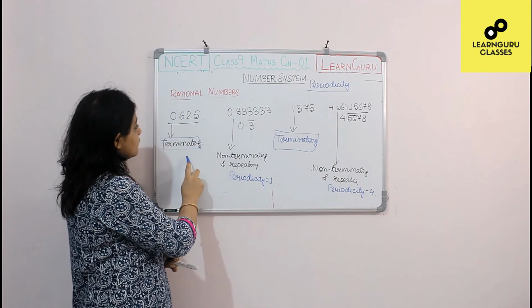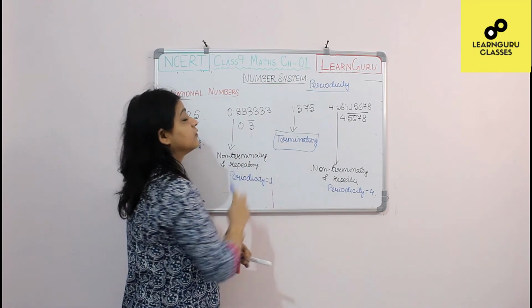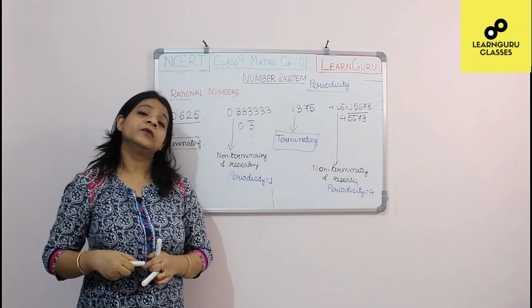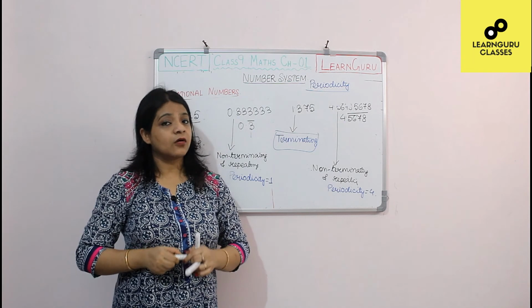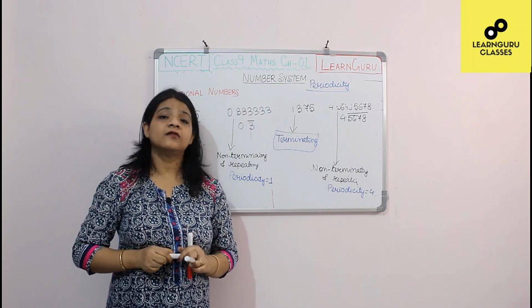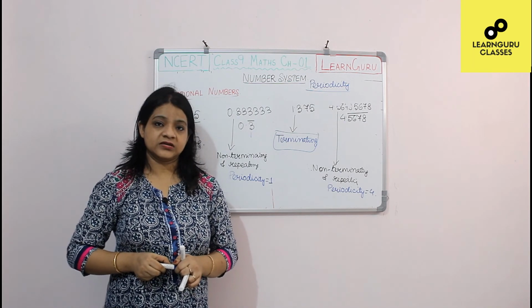Here also periodicity is 0, and here also it is 0. So the periodicity term exists only for non-terminating and repeating decimal expansions.